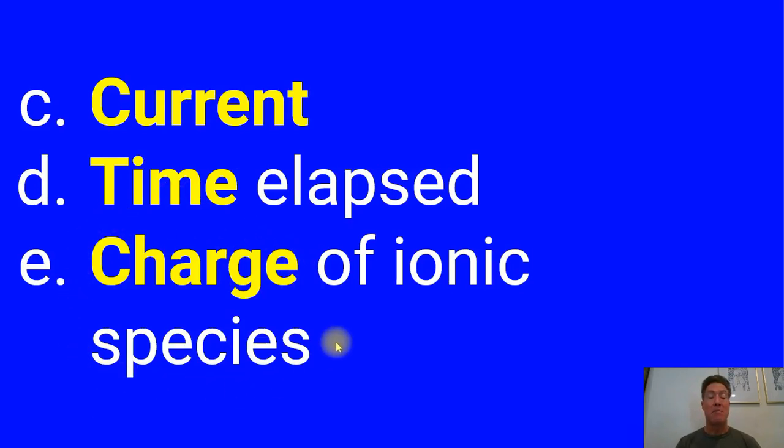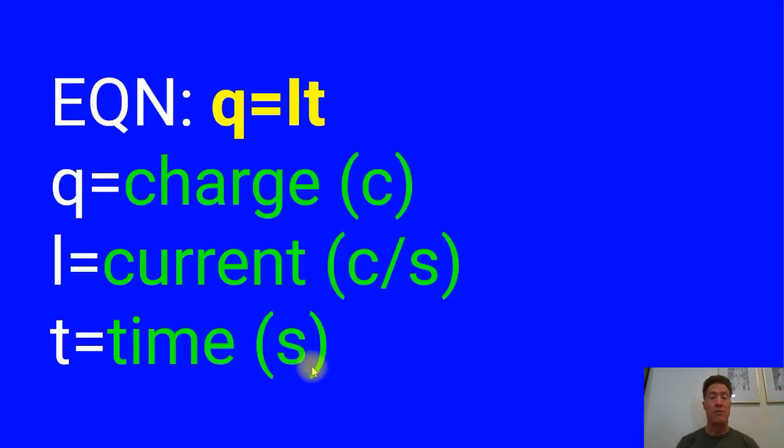Because sometimes if it's a +1 ion, then only one electron is being transferred in the reaction. But if it's, say, aluminum, which forms a +3 ion, then you have 3 electrons being involved in that reduction.